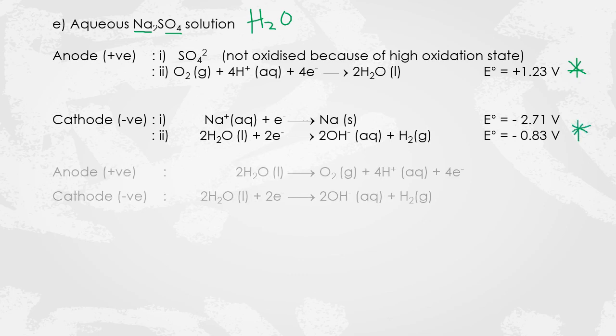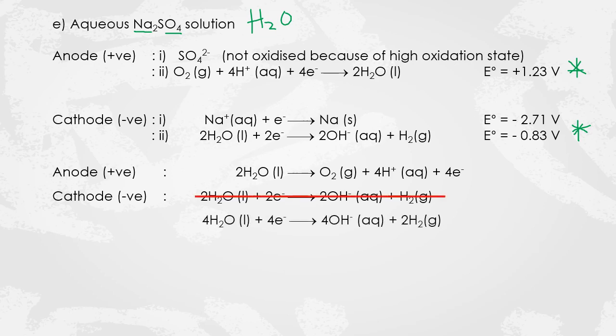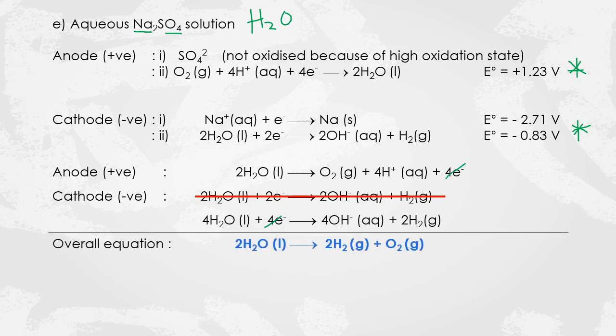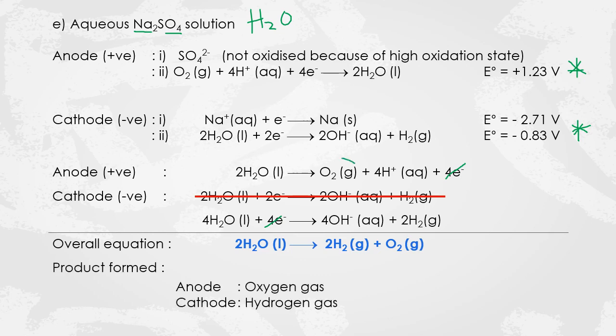So lastly, we're going to combine these two and then modify them to balance with one another. So 4 electrons will be transferred. And lastly, the overall equation will be like this. So we could say that the product formed at the anode is oxygen, while at the cathode it is hydrogen gas.